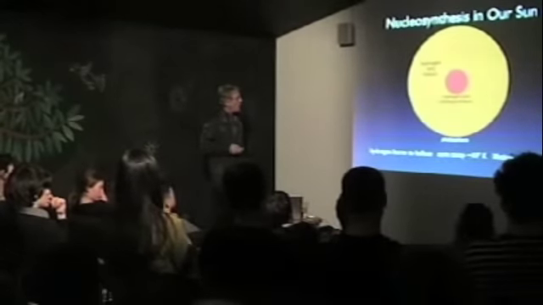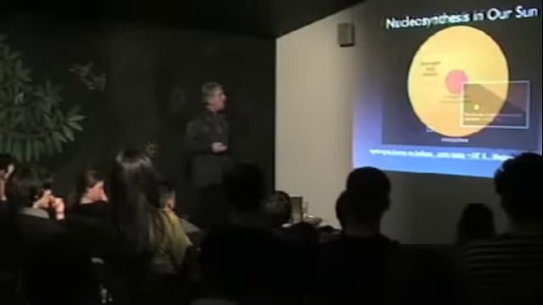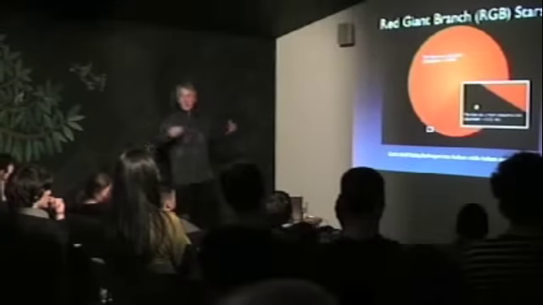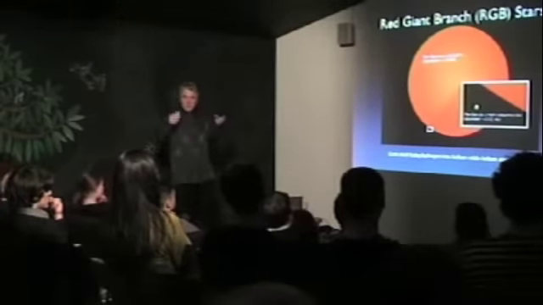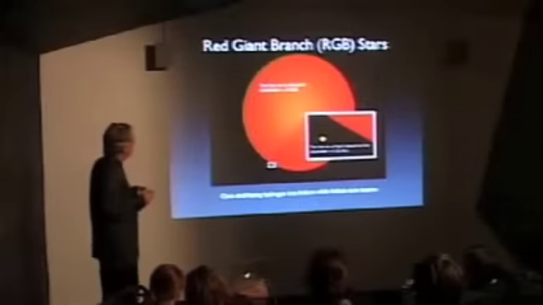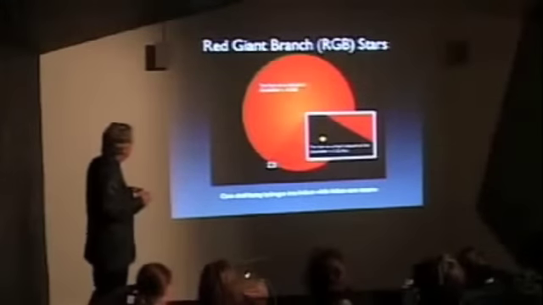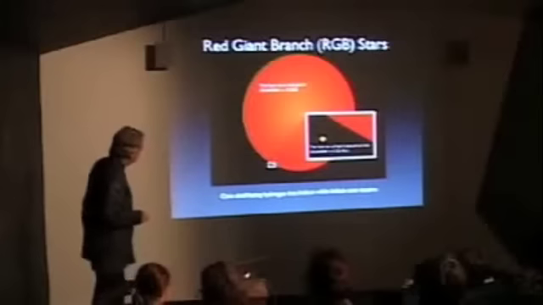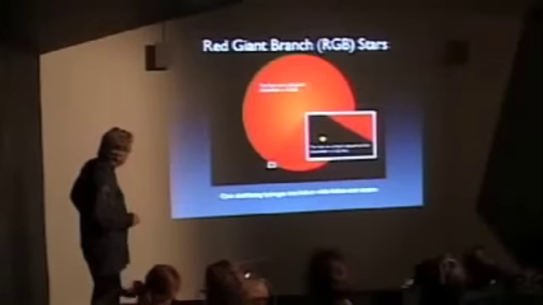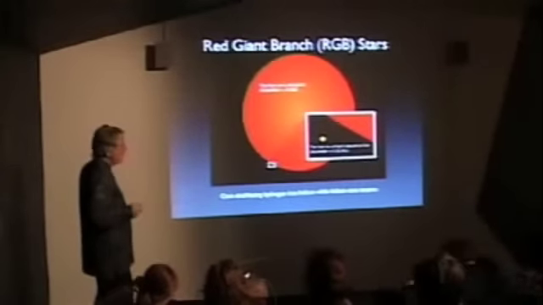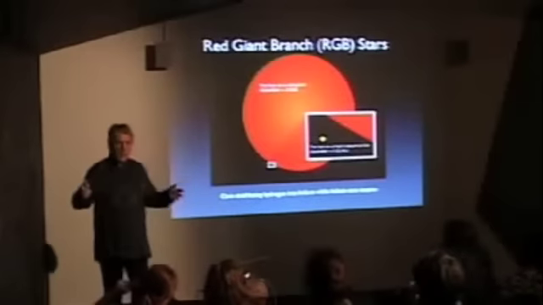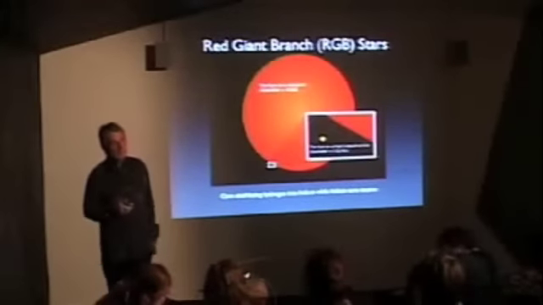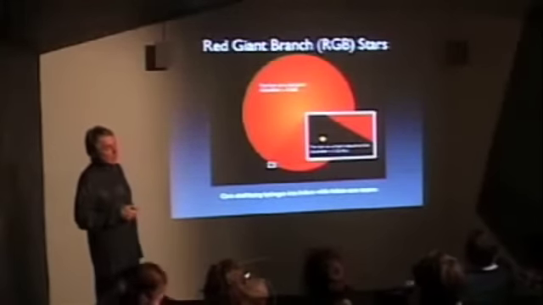But what will happen is that the outer layers of the sun will swell up. The shock wave from the core collapsing to form a white dwarf will make the outer atmosphere of the sun swell up. Now, that's the sun size now, and that's what it's going to swell up into. It'll swell up and probably reach Earth's orbit. That's how big it'll get.